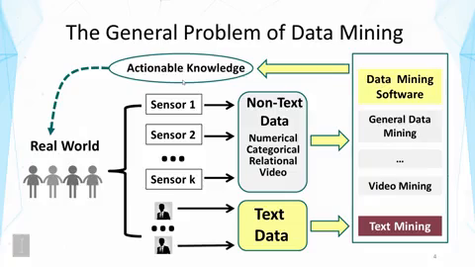So this means the data mining problem is basically taking a lot of data as input and giving actionable knowledge as output. Inside the data mining module, you can also see we have a number of different kinds of mining algorithms. This is because for different kinds of data, we generally need different algorithms for mining the data.